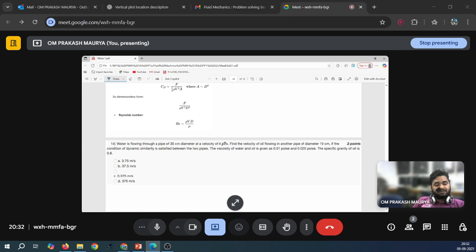The viscosity of water and oil is given as 0.01 poise and 0.25 poise. Very important question. The specific gravity of oil is 0.8.